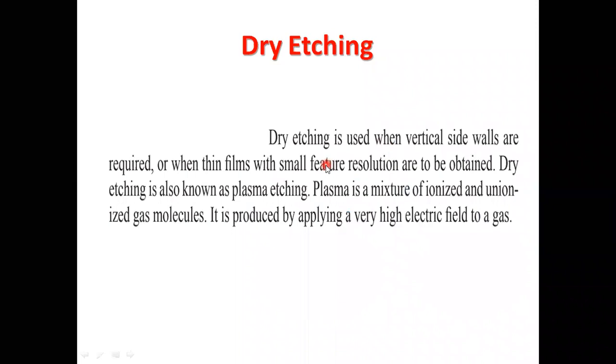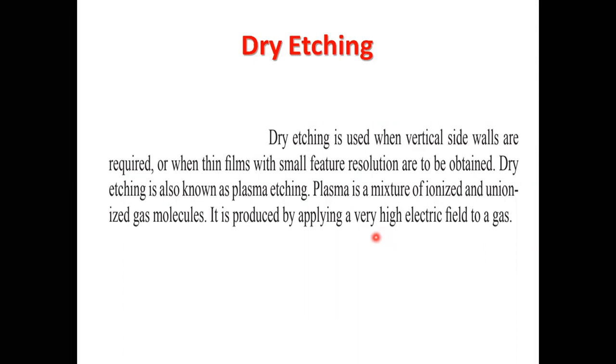Now dry etching is used when vertical sidewalls are required, or when thin films with small feature resolutions are to be obtained. Dry etching is also known as plasma etching. Plasma is a mixture of ionized and unionized gas molecules. It is produced by applying a very high electric field to a gas. And dry etching is also very expensive compared to wet etching.